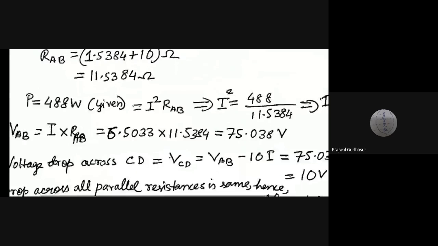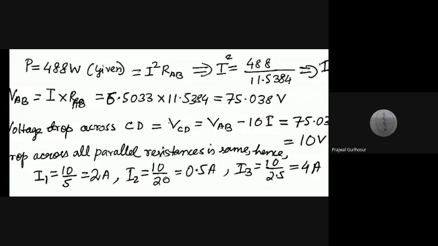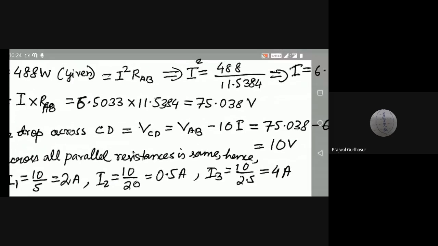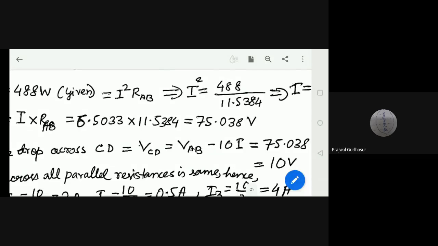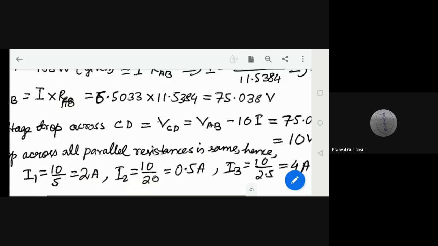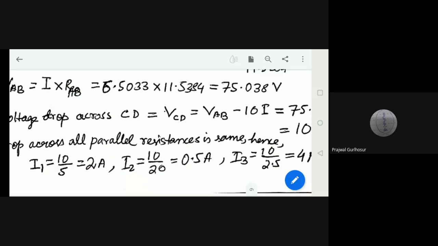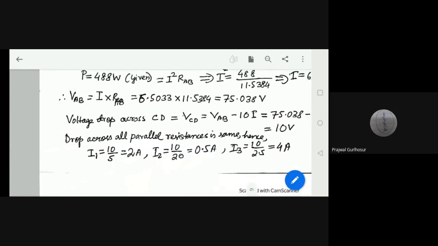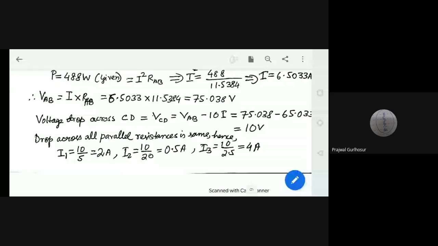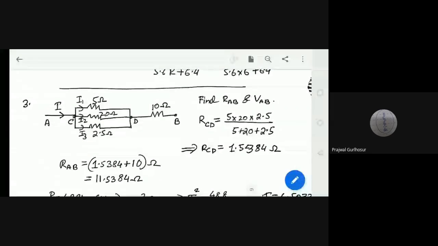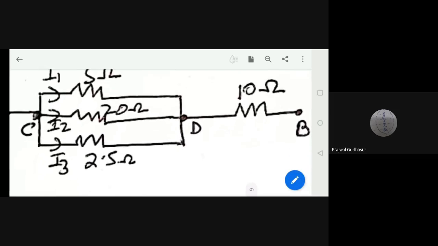So we subtract VAB minus VDB and we get the value of voltage drop across CD, which is 75.038 as computed.